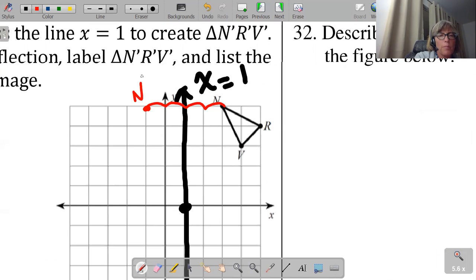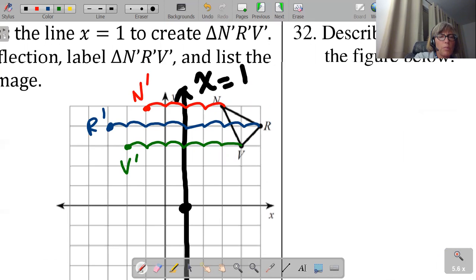There's your N prime. Come down here, 1, 2, 3, 4 units to the right, 4 units to the left, 1, 2, 3, 4. There is your R prime. From here, 1, 2, 3 units to the right, 1, 2, 3 units to the left. There is your V prime.